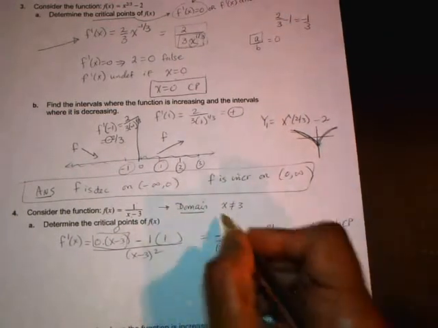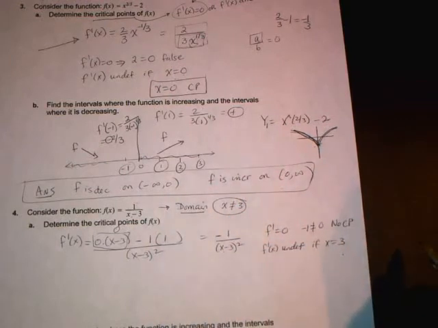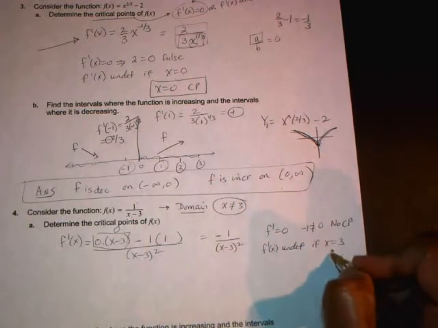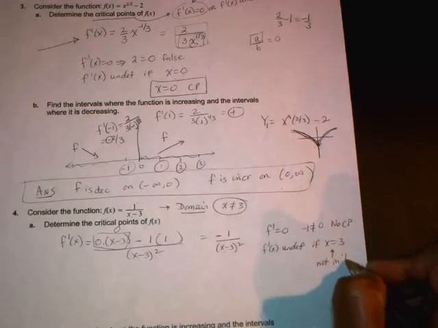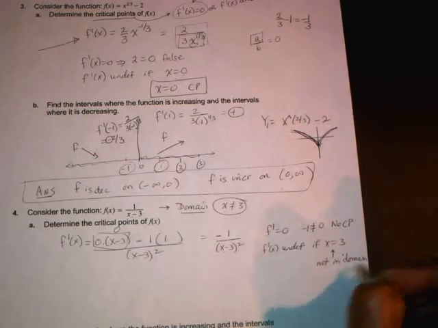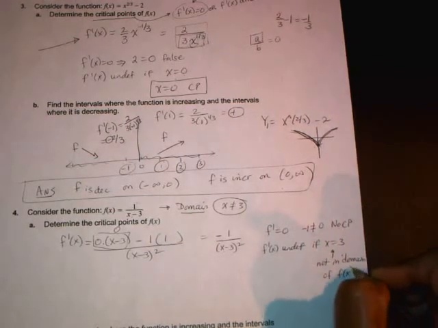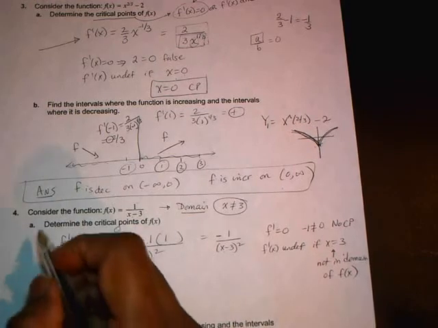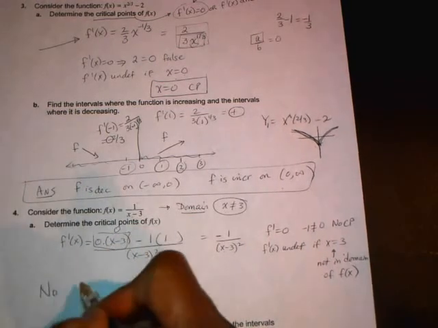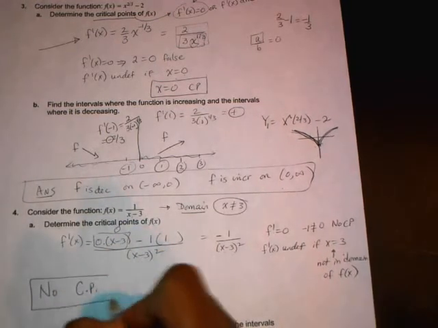But 3 is not in the original function's domain, so not in the domain of f of x, which means we can't use it. In other words, there are no critical points.